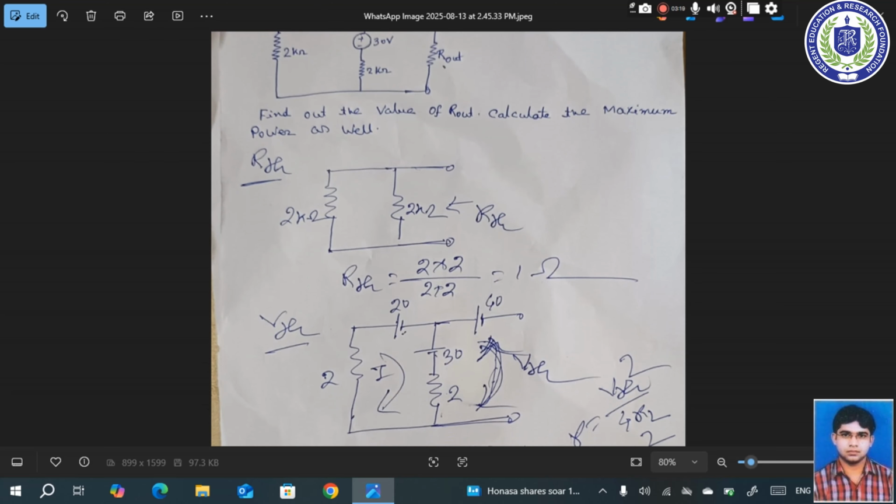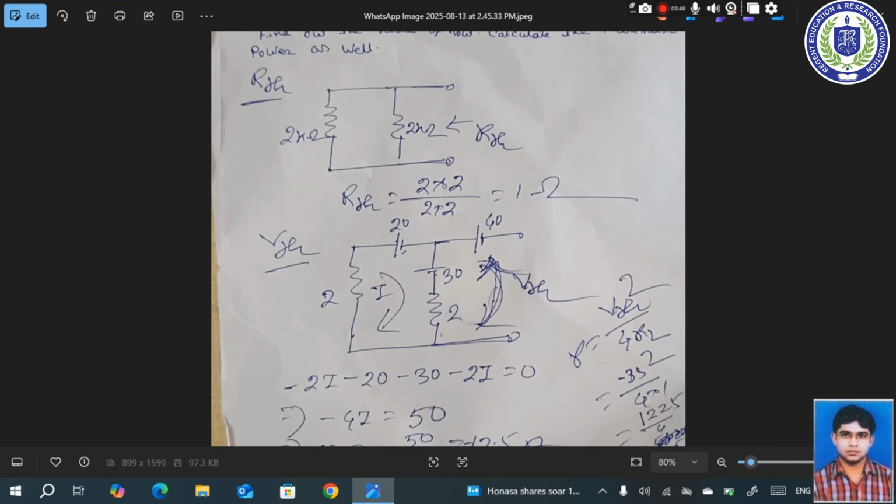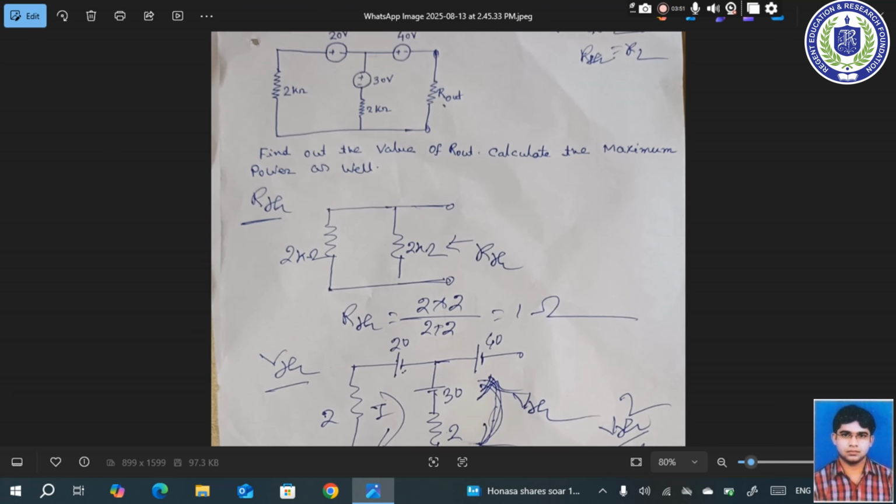So the circuit becomes these two 2 kilo ohm resistances, and according to Thevenin's theorem, we find the RTH from the load terminals. These two 2 kilo ohm resistances are connected in parallel, so we can write RTH equals 2 into 2 divided by 2 plus 2, which equals 1 kilo ohm. This RTH is actually R out, so R out equals RTH equals 1 kilo ohm.